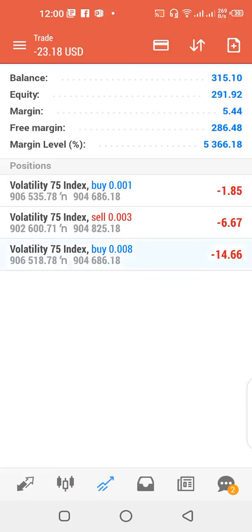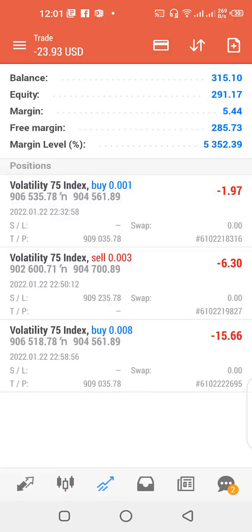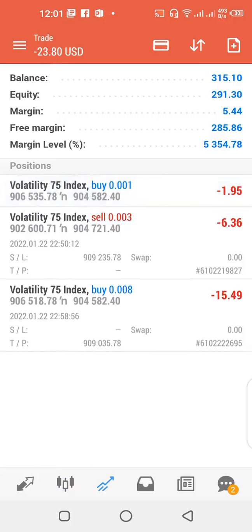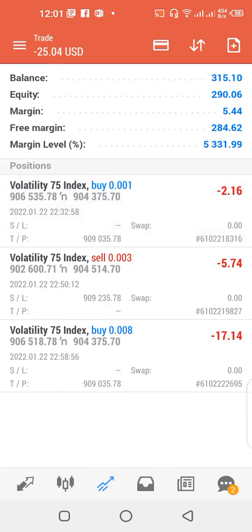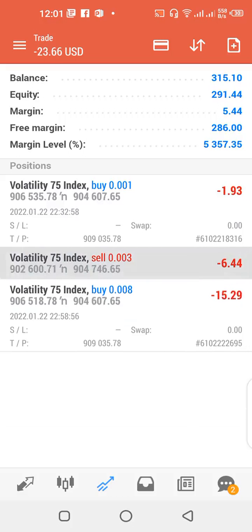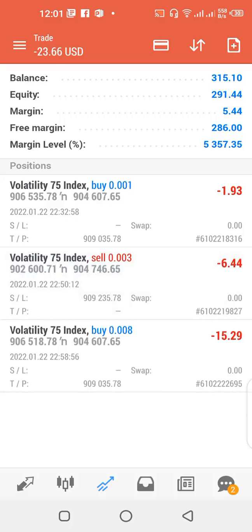If you look at the trade to see what's actually happening, for this original buy trade, we have the TP as 909,035.78. For the second trade, which is our first hedge trade, we have the stop loss 909,235.78, which is 200 points above the TP of the original trade.